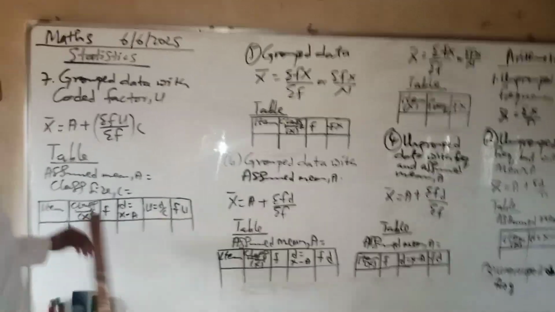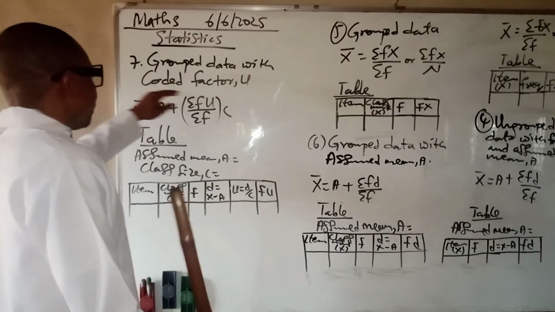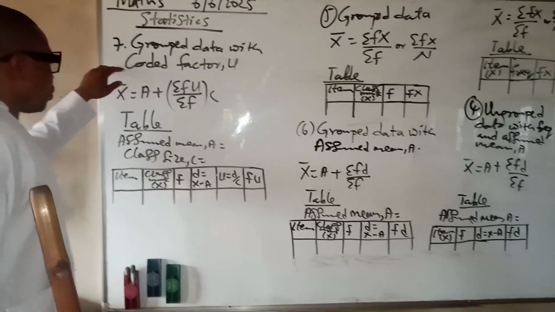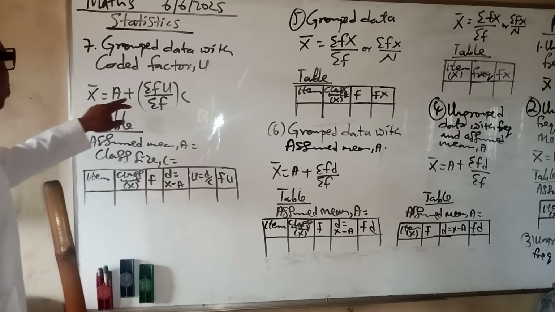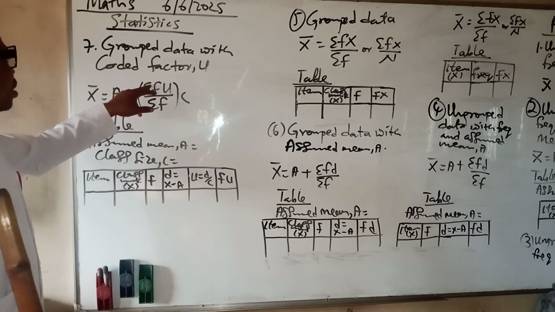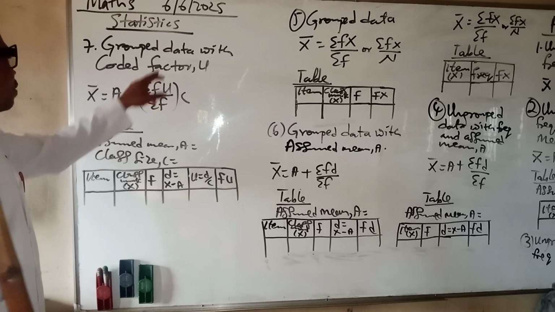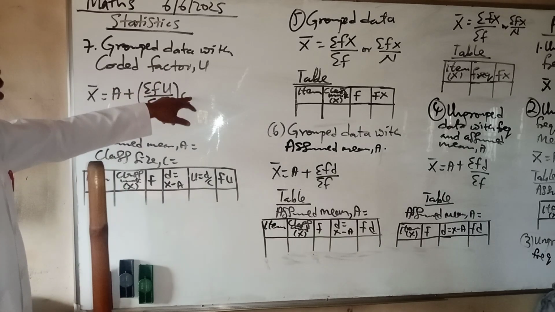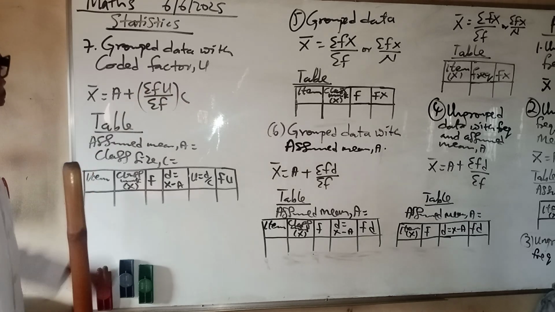The last formula is grouped data with coded factor. U is used to represent the coded factor. The formula is x bar equals A plus bracket summation fu all over summation f, in parentheses, times c, where c is class size or class width and u is the coded factor.